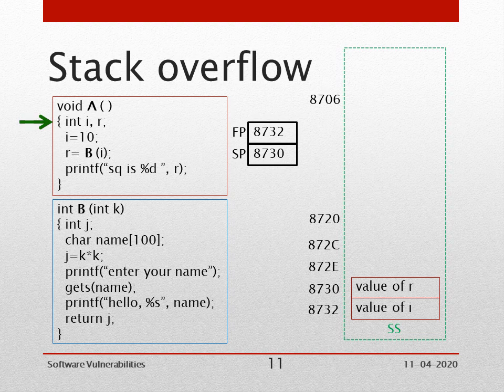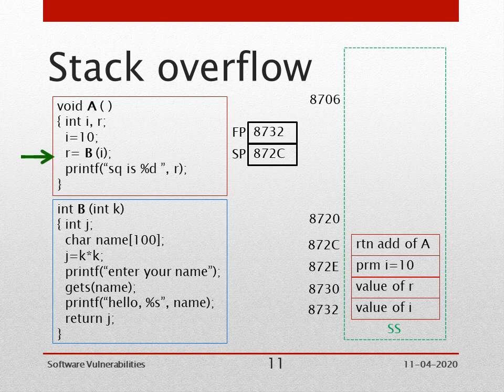When function A calls function B, the value of its local variables, parameters of the function call, and the return address are pushed onto the stack. The red block here indicates the stack frame of function A. The starting address of this frame, that is 8732, is stored in FP until B starts executing.